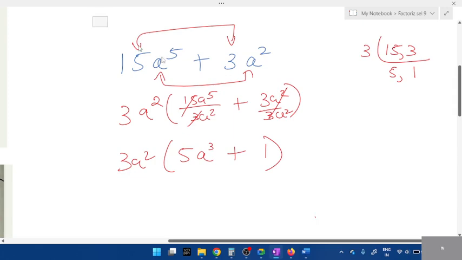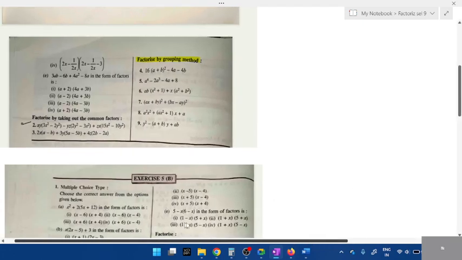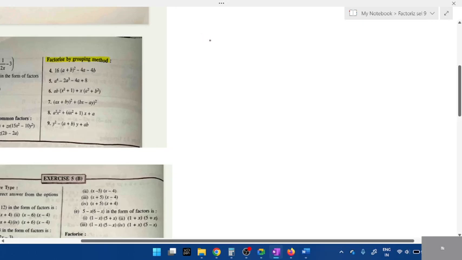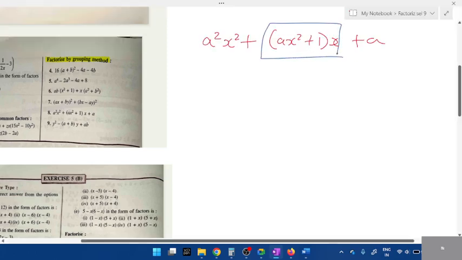Okay. Next, what if 4 terms were there like this? Look at the 8th question: a square x square plus ax square plus 1 into x plus a. See, observe this part. Instead of writing x at the end, you can write it like this.